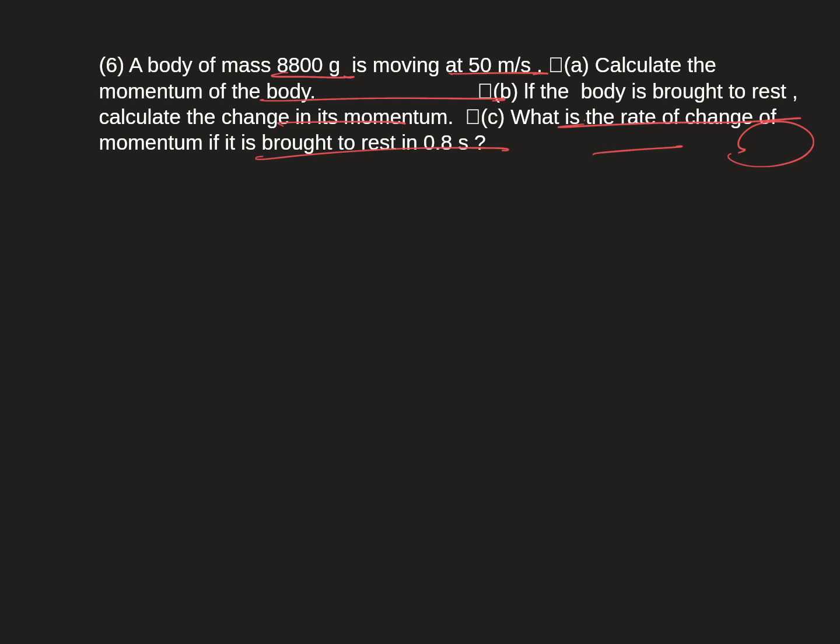Okay. The mass is 8,800 grams. If you convert that to kilograms by dividing it by 1,000, we're going to have 8.8 kilograms. The initial velocity is 50 meters per second. So with the initial velocity, it asks us to calculate the momentum of the body.